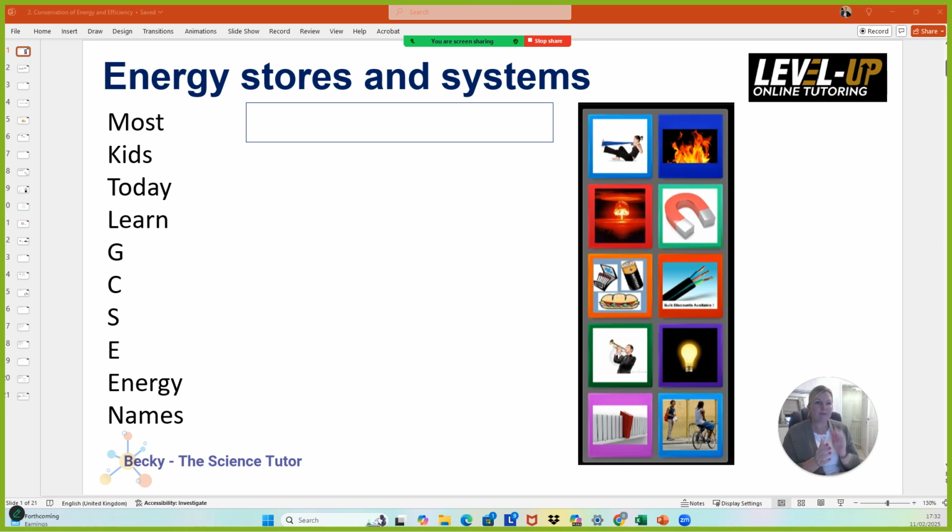There is an energy name that begins with each of those first letters. One begins with M, K, T, L, and so on. Type them in and hit send, in the chat or direct to me. It's a bit fast and furious: type them in, send them. I will compile this list.